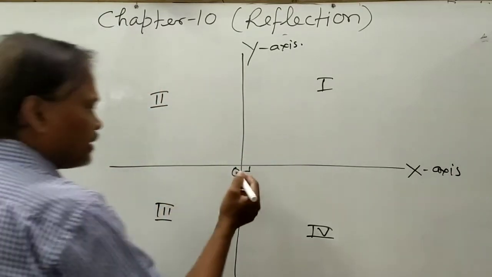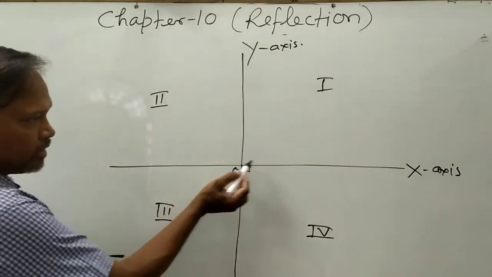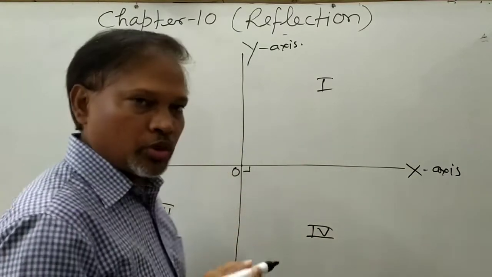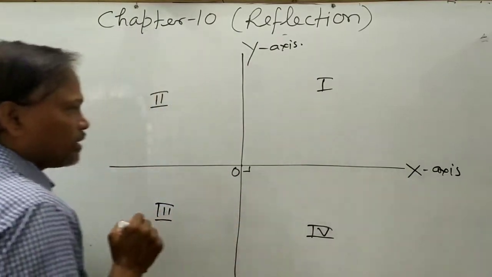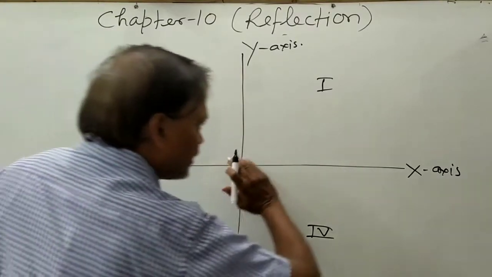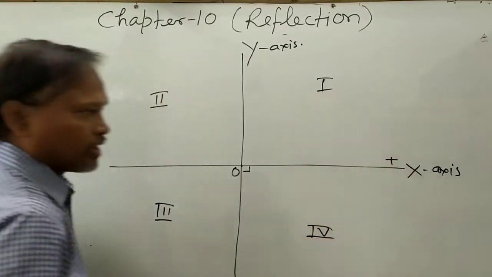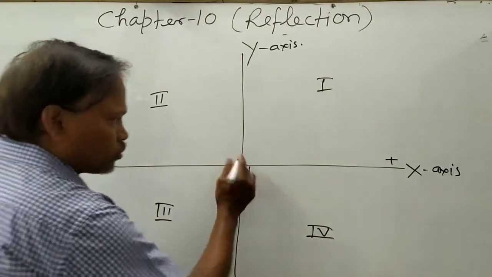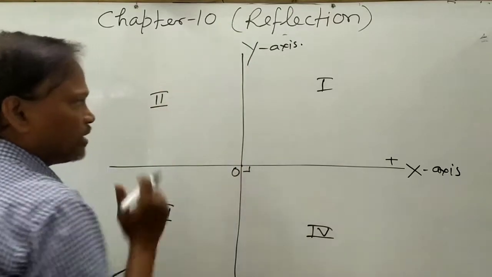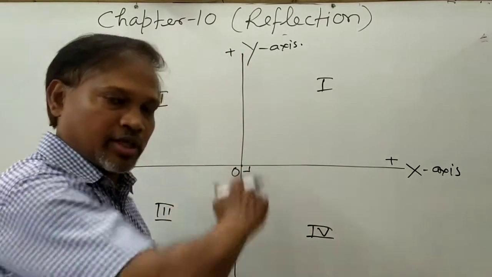Before that, this point is known as origin. This point, the intersection point of the x-axis and y-axis, is known as origin. From the origin, the right hand side of the x-axis is called the positive x-axis, and from origin to the above, that is also known as the positive y-axis in vertical direction.